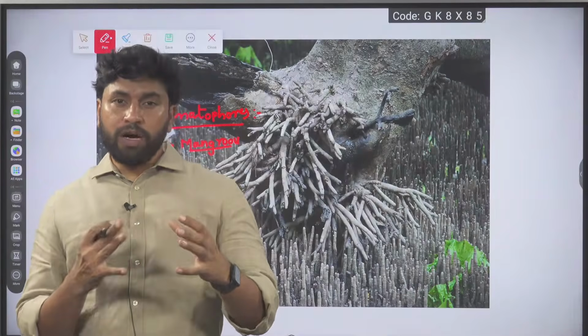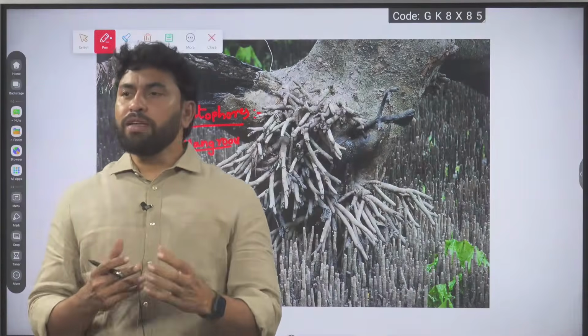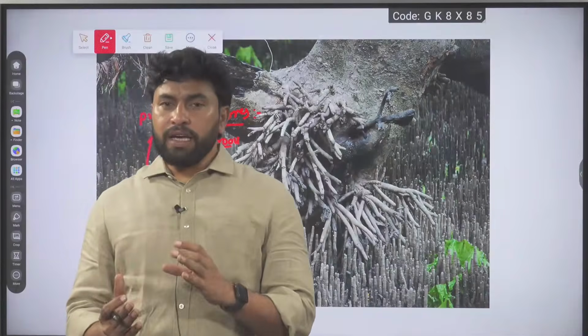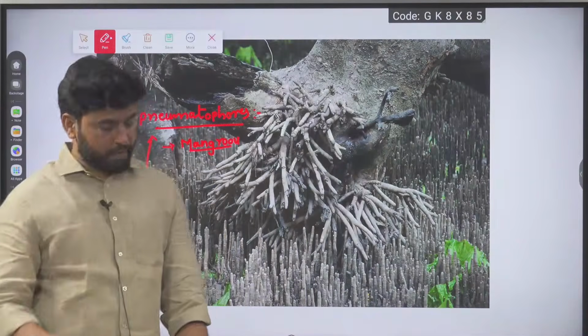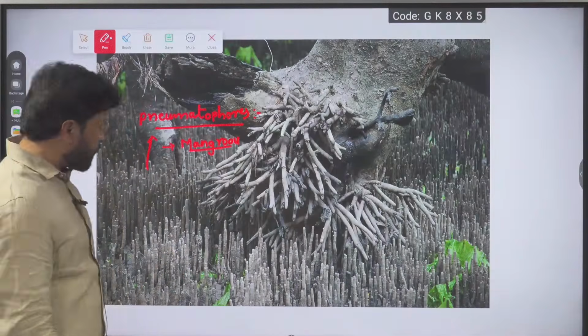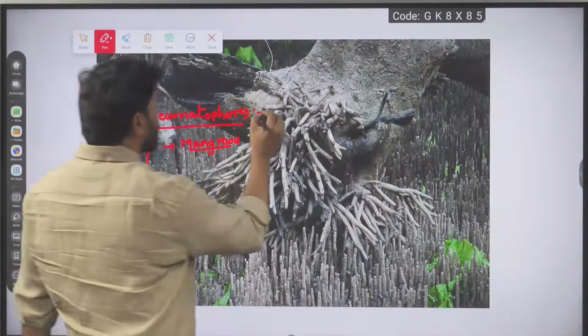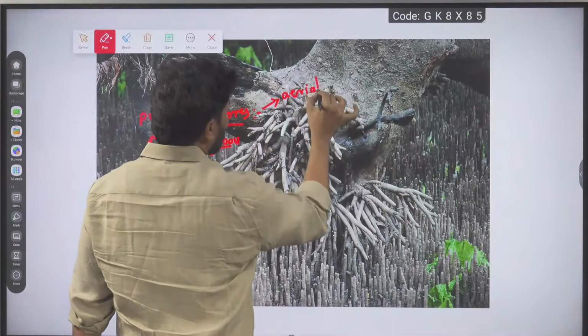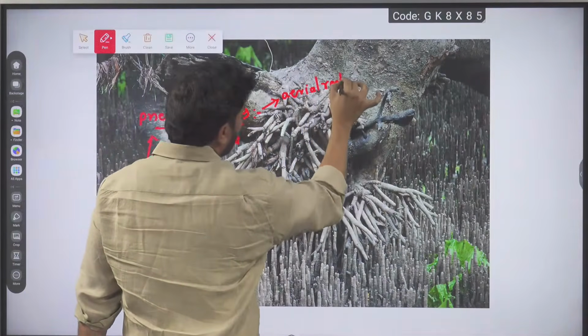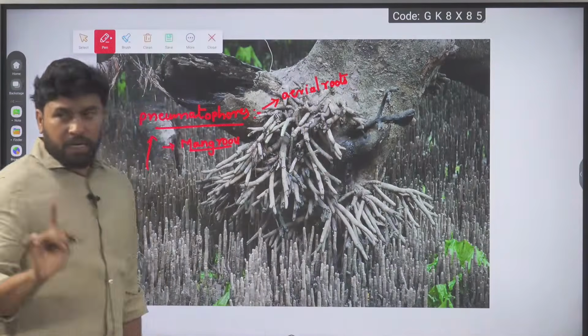In order to absorb oxygen, these plants get a special variety of roots called pneumatophores. What happens with these pneumatophores? Pneumatophores grow aerially. They are aerial roots. What do you mean by aerial roots?